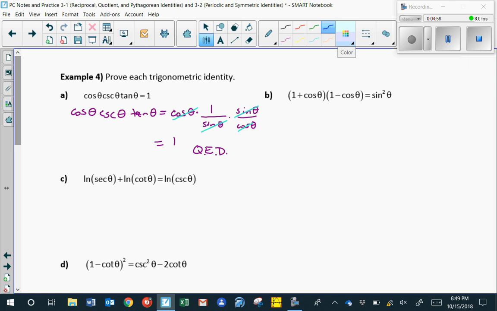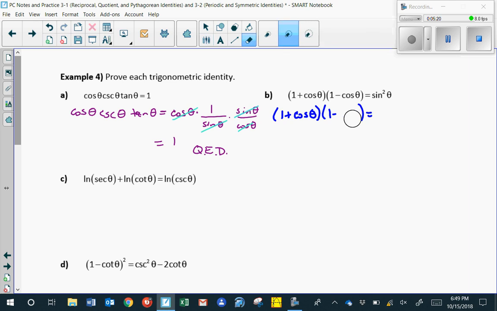Okay, in B, I think we can agree that the left side of the equation is more complicated. So let's start with that one. 1 plus cosine of theta times 1 minus sine of theta equals, and we're going to re-express it. I'm sorry, I miscopied that one.